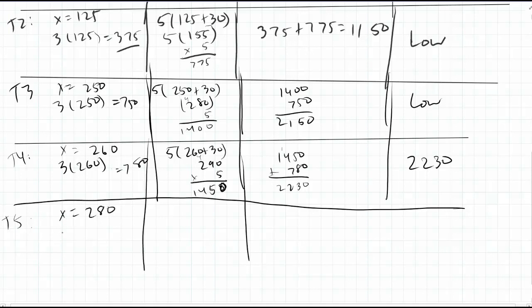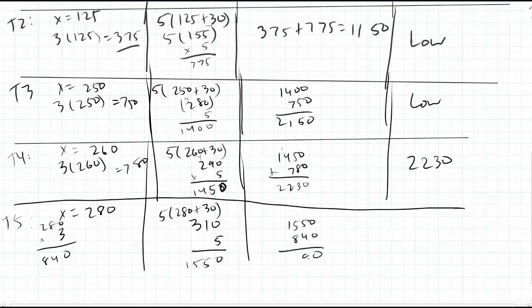Let's do 280. 3 times 280 is $840. 280 plus 30 is 310 times 5, plus 840, is 2,390. So we're still too low.